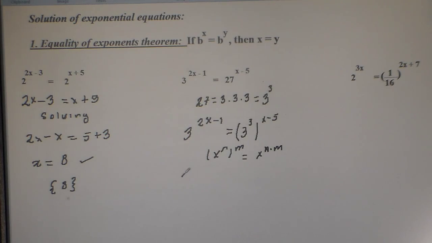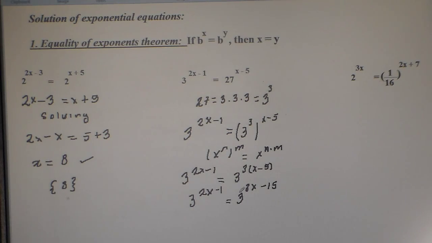And then we get 3 to the power of 2x minus 1 equals 3 to the power of 3 times x minus 5, multiplying the exponents. This would be 3 to the power of 2x minus 1 equals 3 to the power of 3x minus 15.